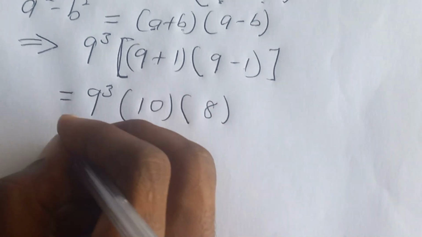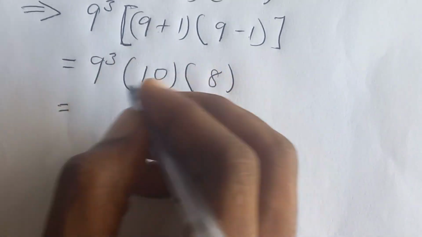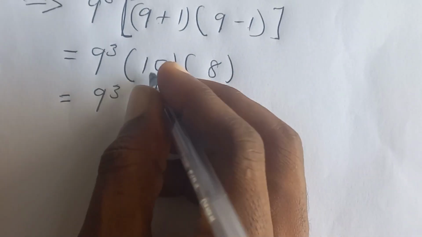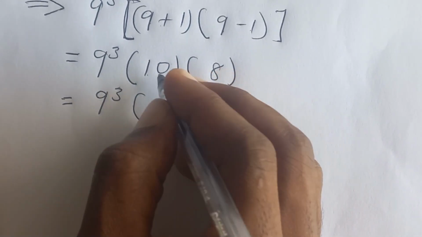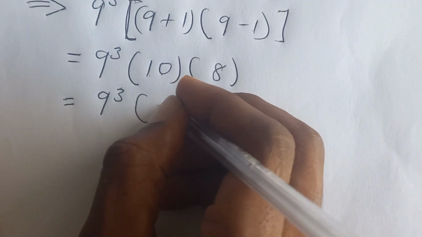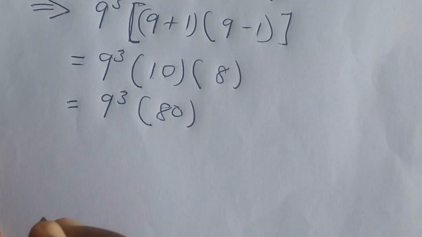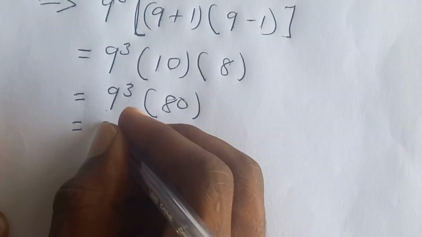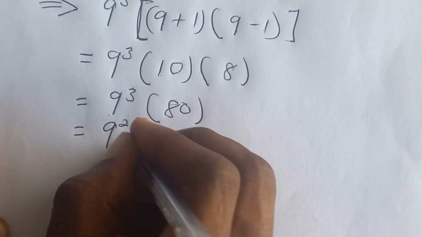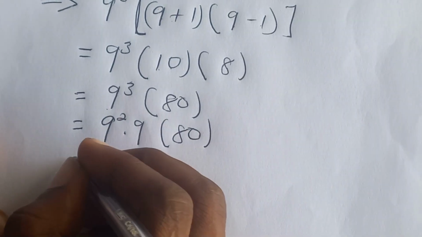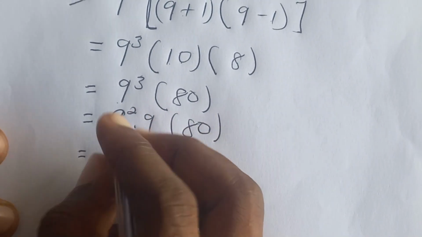So it is equal to this one. We are going to get 9 cubed into bracket 10 times 8, which is 80, like this. So this 9 cubed, we can break as 9 squared multiplied by 9, into bracket 80.